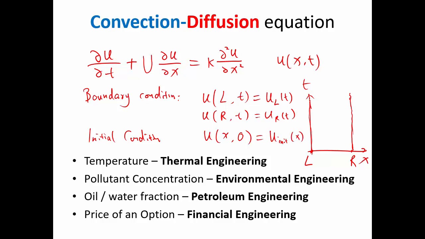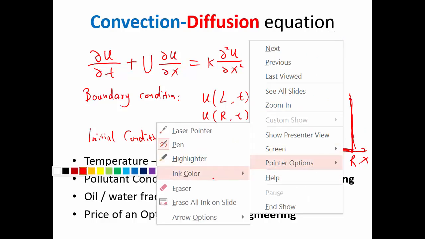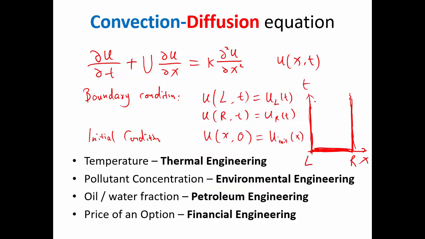So basically, we are given the solution on the boundary in space, and also at the initial time, so t equal to 0 and x equal to L and R. And we are asked to solve for the solution within this domain.